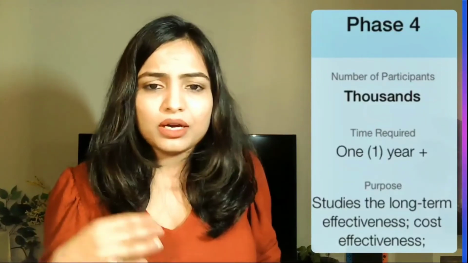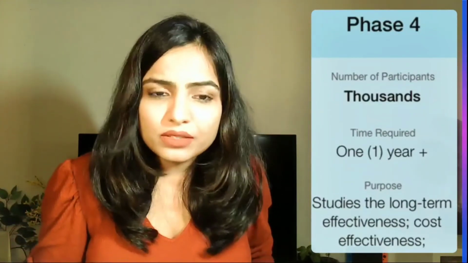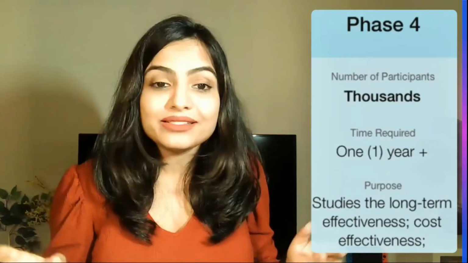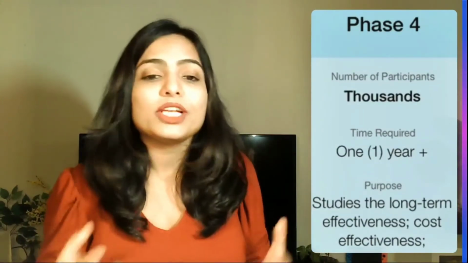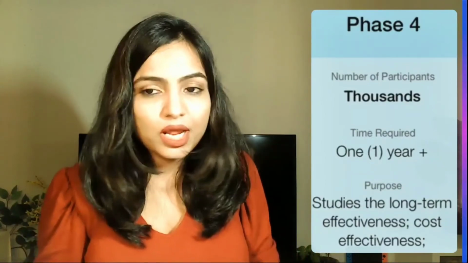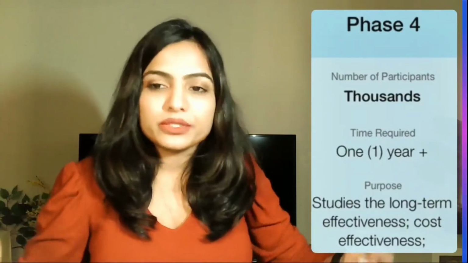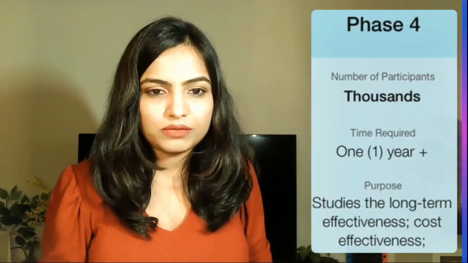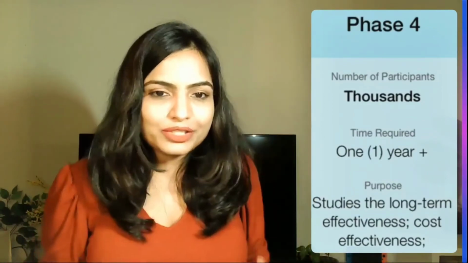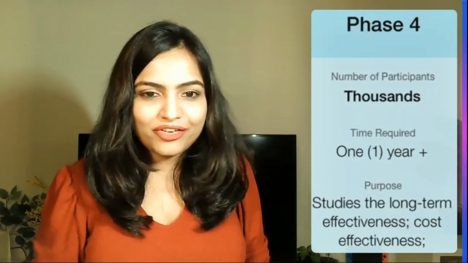For example, what are the longer term risks and benefits, any unseen side effect which they could not recognize in other phases, right? So they will like to evaluate after marketing on a broader and a larger number of population. So that is the intention of this phase. So overall, these were the 4 phases of the clinical trial.